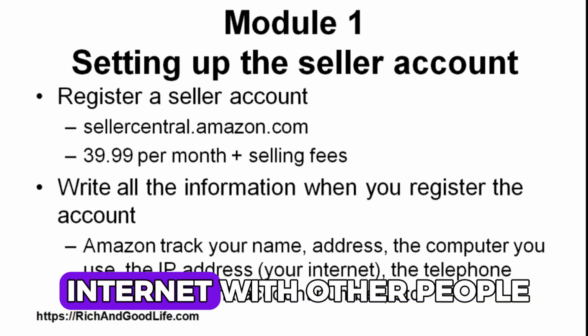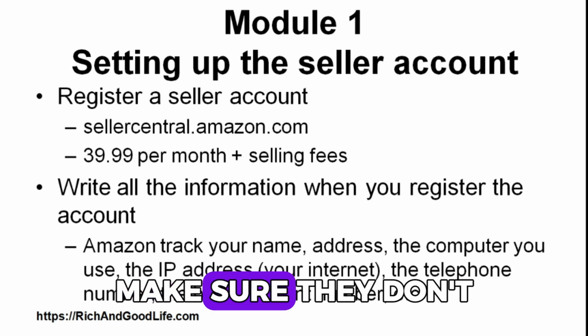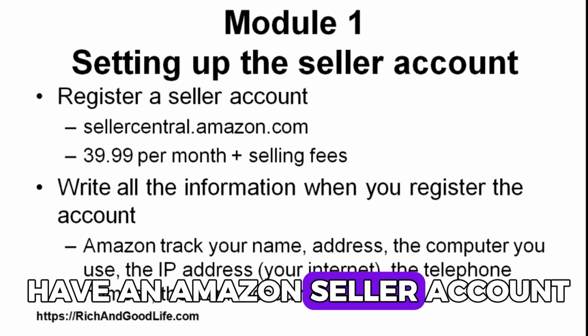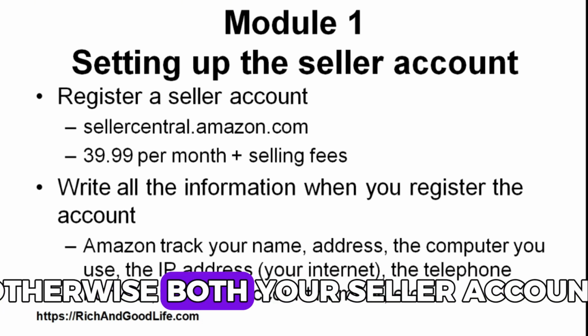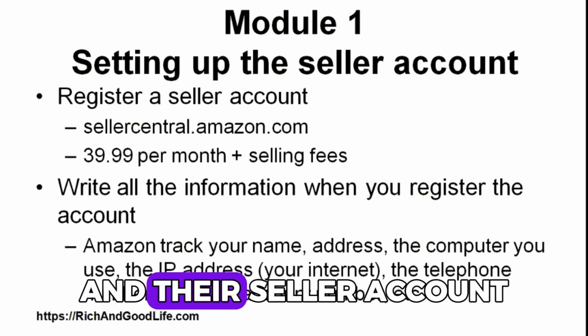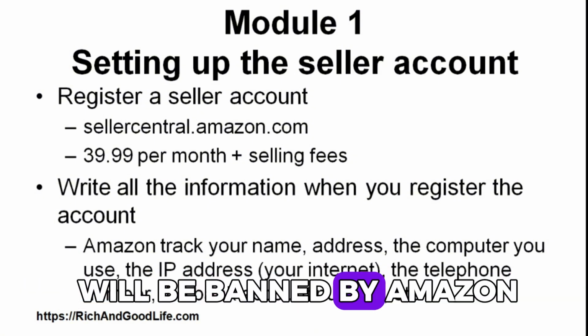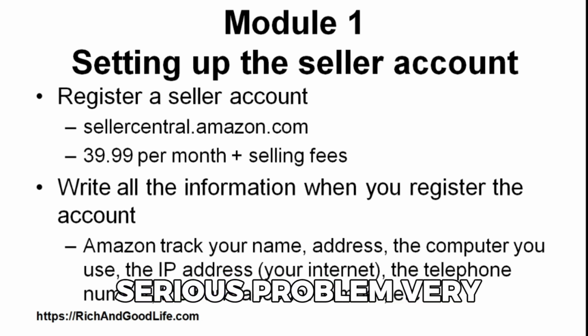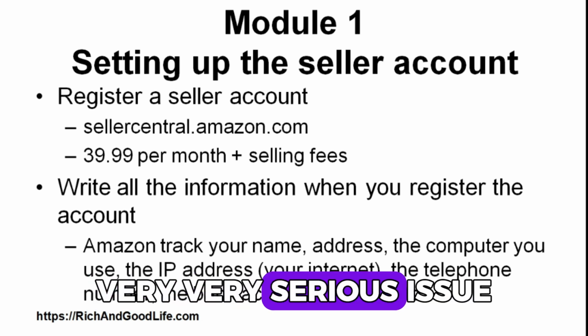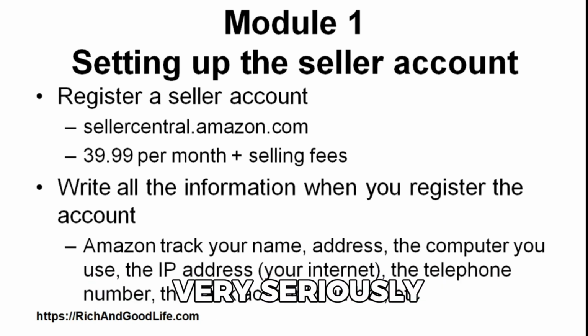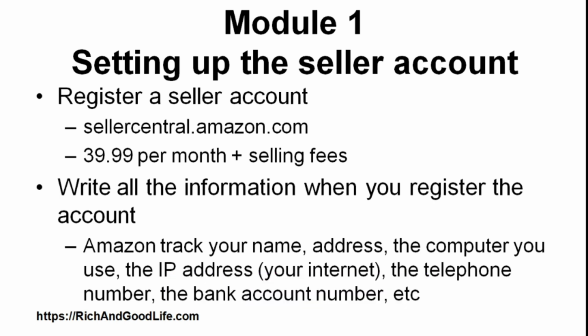If you share the internet with other people, make sure they don't have an Amazon seller account. Otherwise, both accounts will be banned by Amazon. So this is a very serious issue. Treat it very seriously.